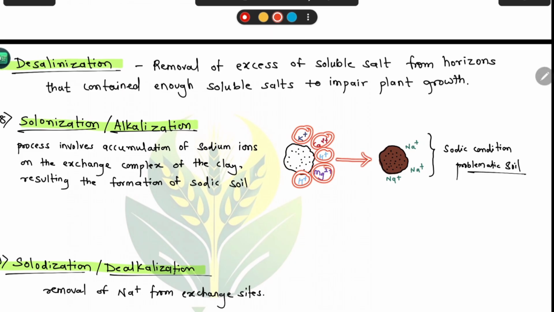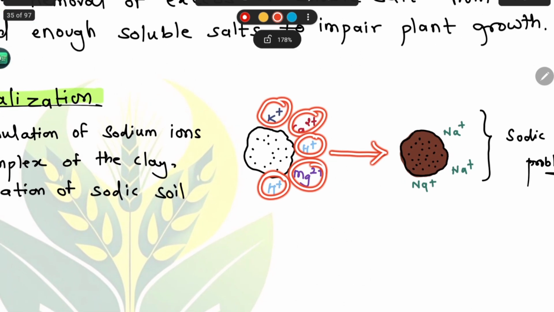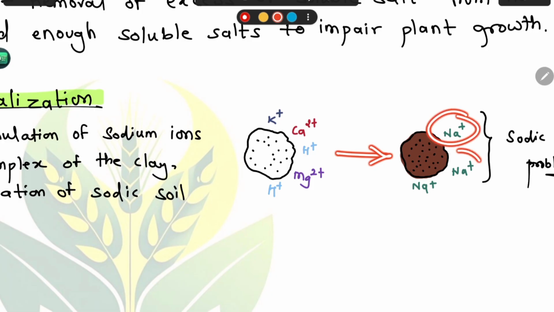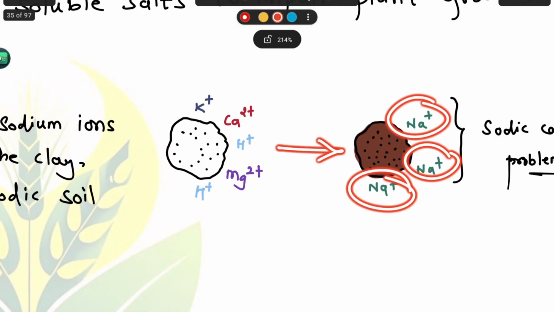So in the process of sodication, the sites are majorly occupied by sodic ions or sodium ion. So we can see that this clay complex contains potassium, calcium, hydrogen, magnesium ions. Okay.